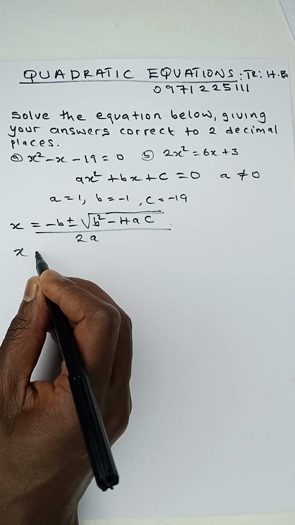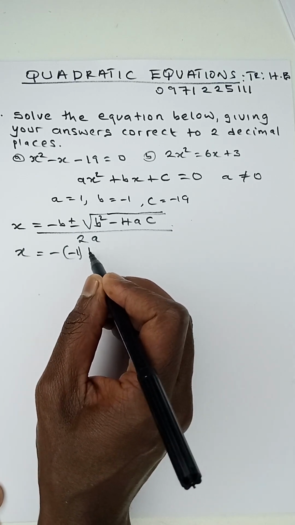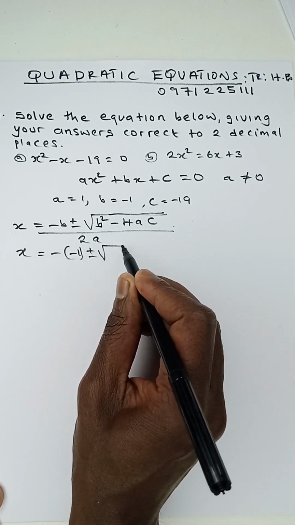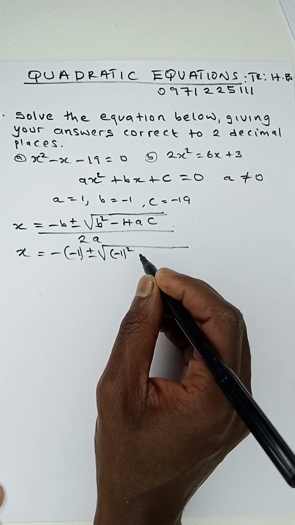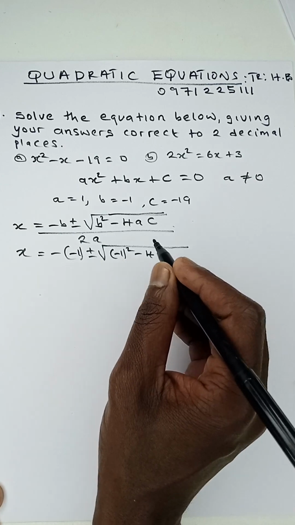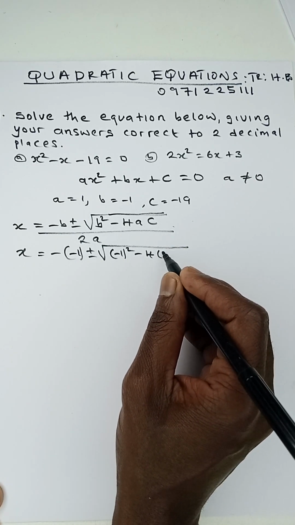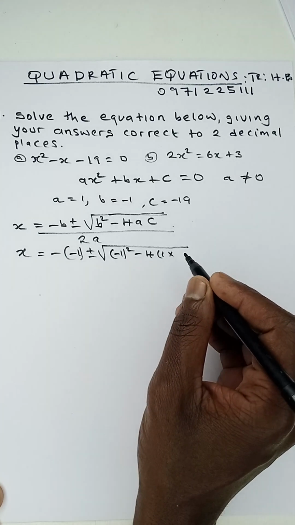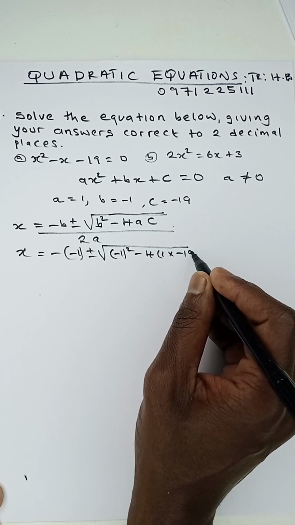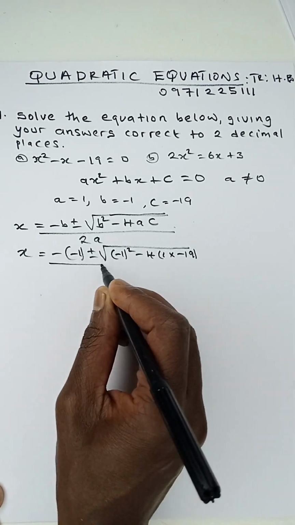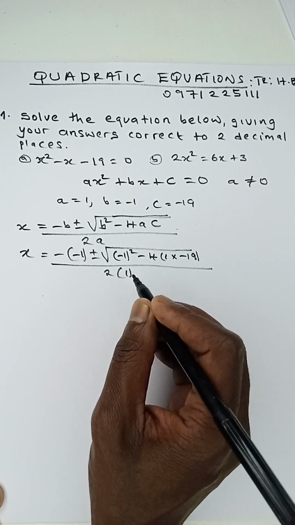So the value for x will be equal to negative, and the value for b is -1, then positive or negative the square root of b squared, then -4 times, what is a? The value for a is 1, multiplied by the value for c, which is -19, then over 2 times the value for a, which is 1.